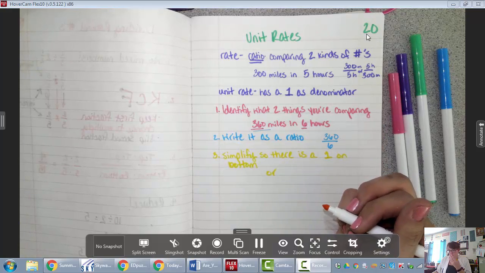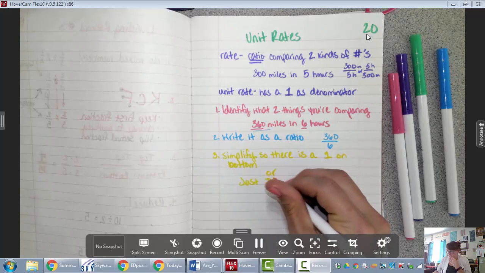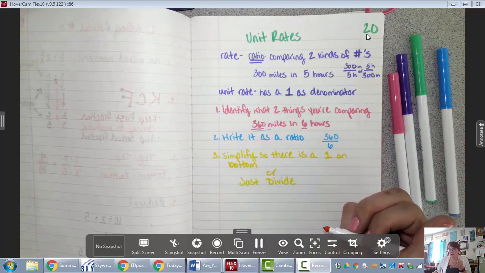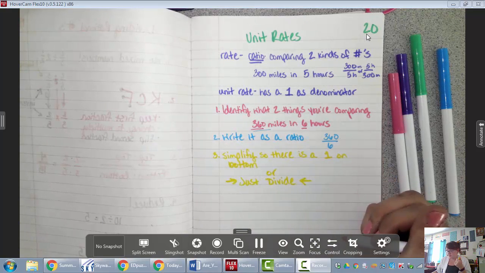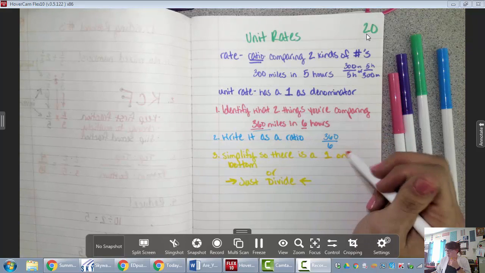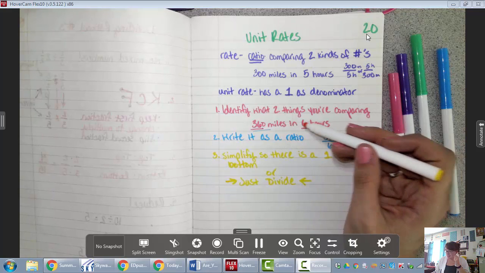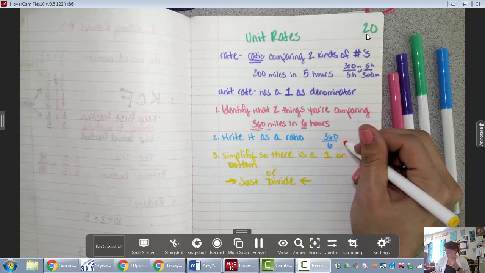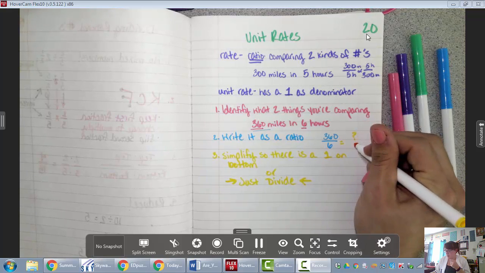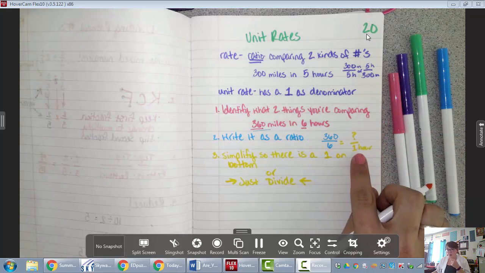Or you just divide. Depending on what you're working with, you might just divide. Because if I'm traveling 360 miles in 6 hours, how much am I going to travel in 1 hour? Because that would be a unit rate.